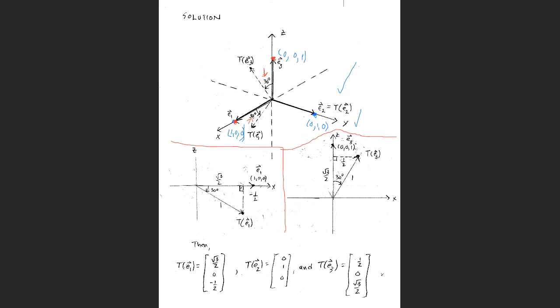In the first one, I draw the E1 vector, and the transformation of the E1 vector, being rotated 30 degrees counterclockwise, is right here.